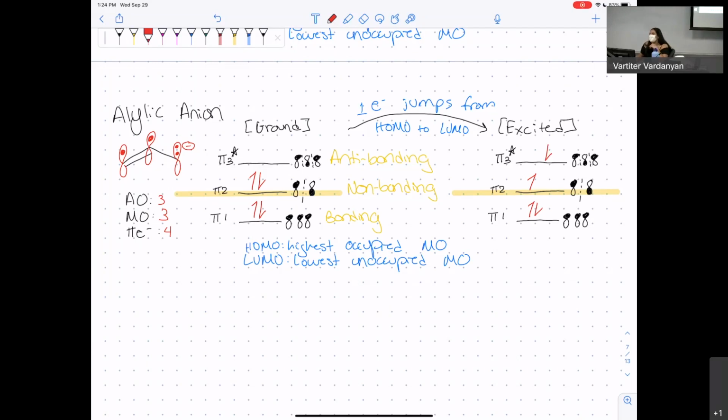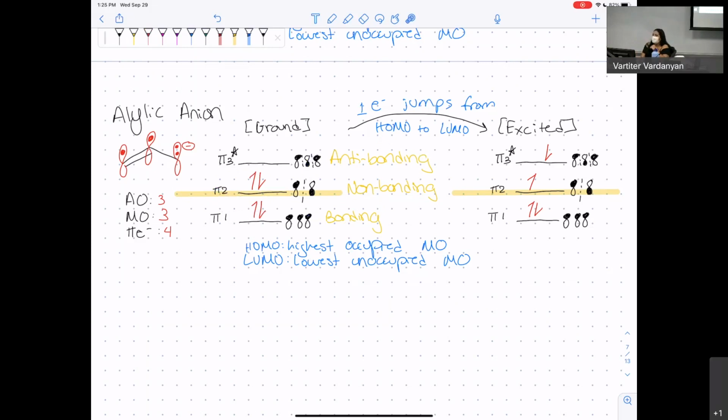Okay, so what is non-bonding? For the purposes of this class, we're going to say non-bonding is going to be the one in the middle if we have an odd number of orbitals. So when you make that line to decide bonding and anti-bonding, if there's an orbital on that line, we're going to call it non-bonding.